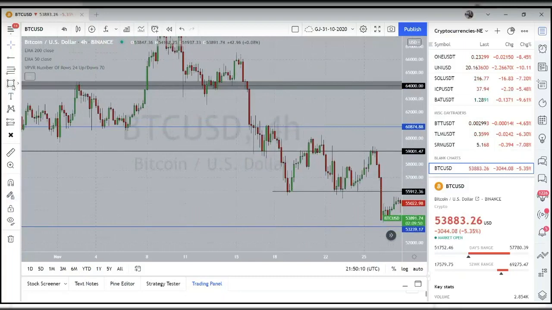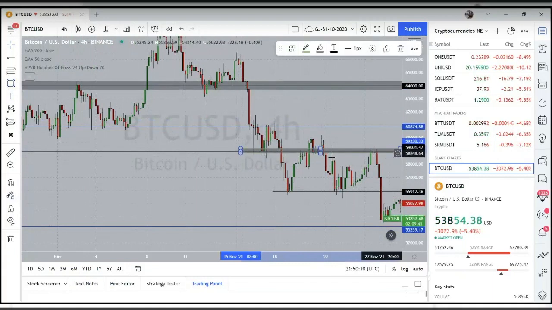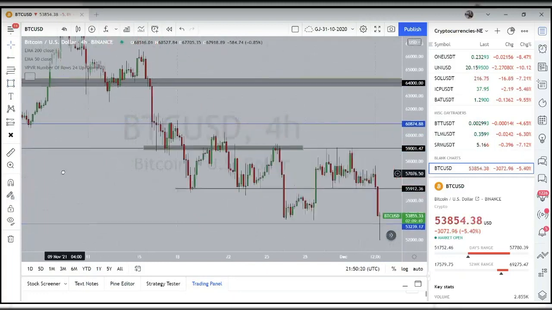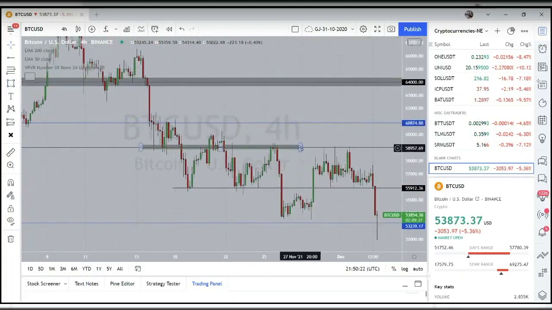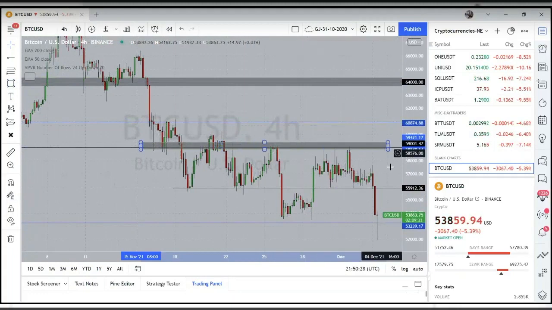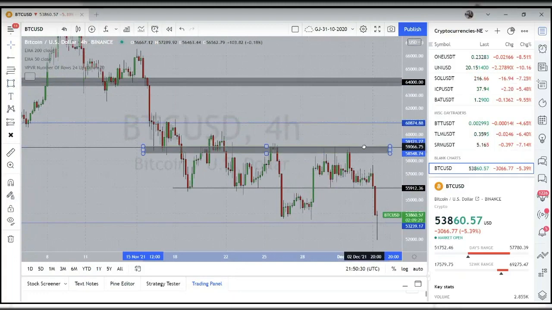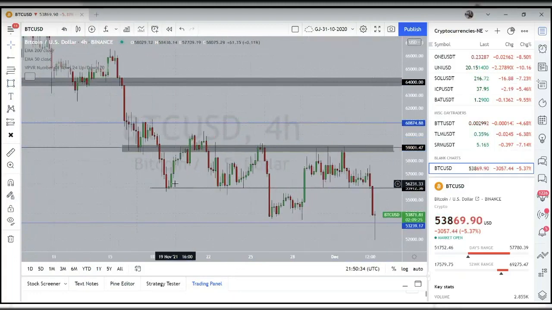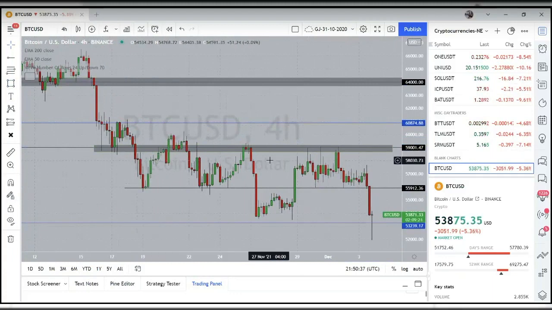Let's draw another one here, just to give you an example. I'm not sure of the range, but I hope you get the idea. This is just to show that we are expecting a reaction at this level.